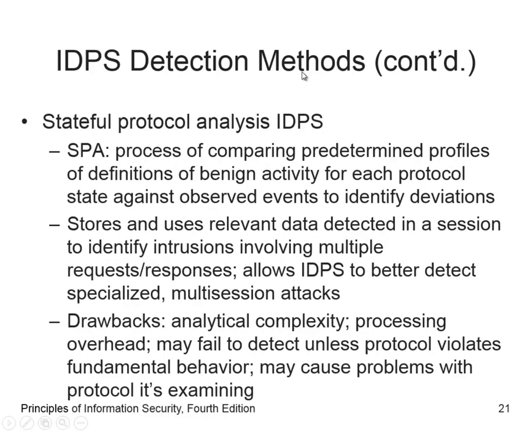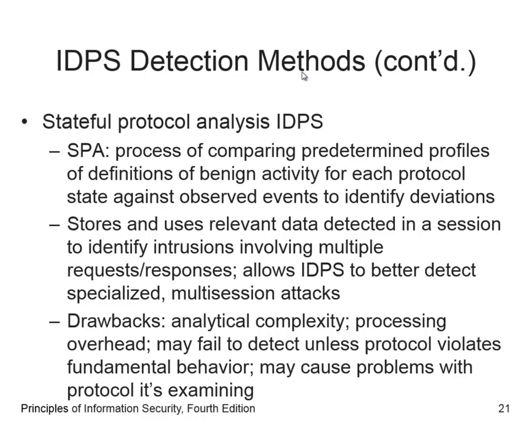The third method is the stateful protocol analysis, which is similar to the stateful inspection in firewalls. Stateful protocol analysis is the process of comparing predetermined profiles of definitions of activity for each protocol state against observed events to identify deviations.